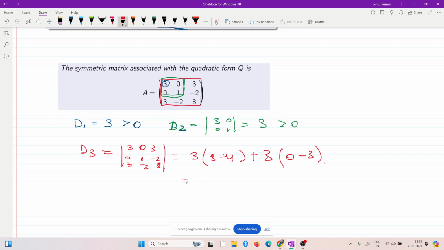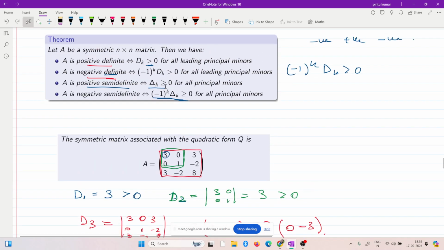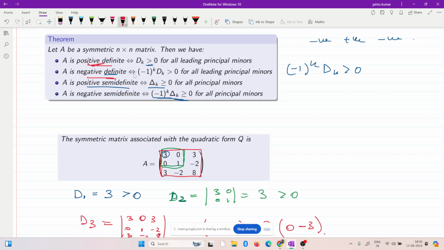So 3 fours are 12 minus 9, which is again 3, greater than 0. So we have D1 greater than 0, D2 greater than 0, and D3 greater than 0. This gives us that the matrix is positive definite.